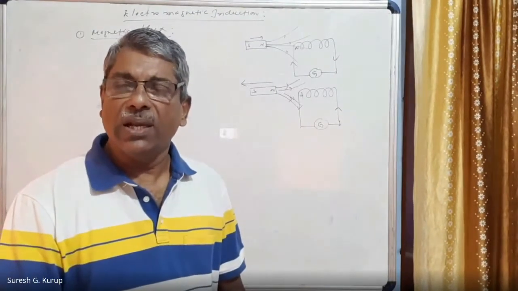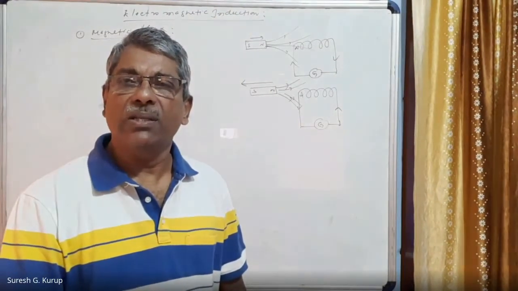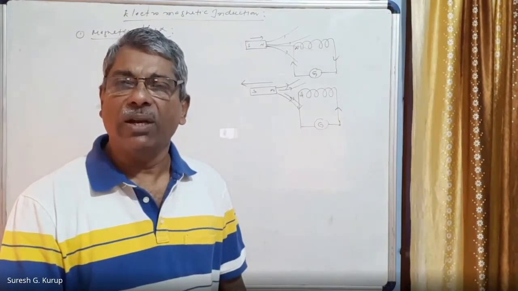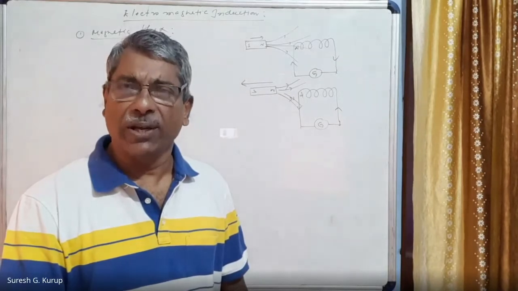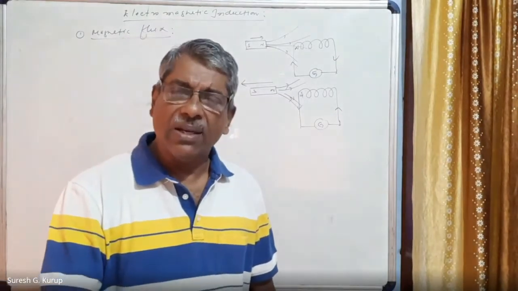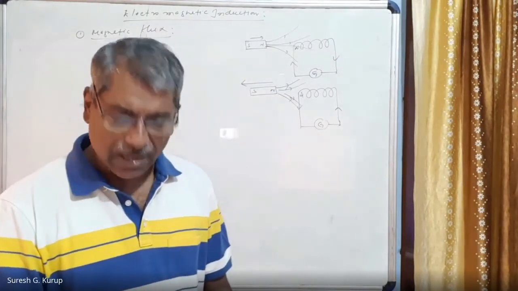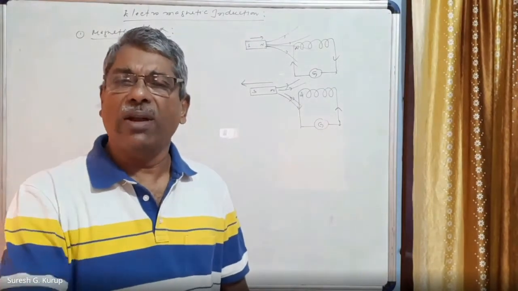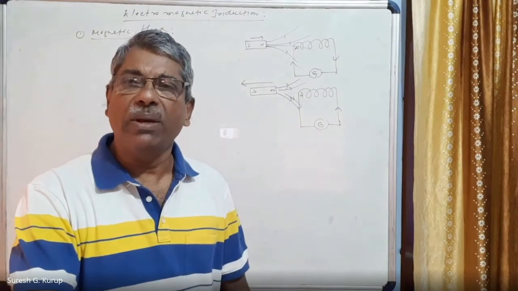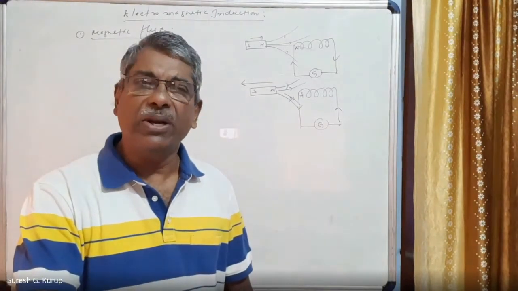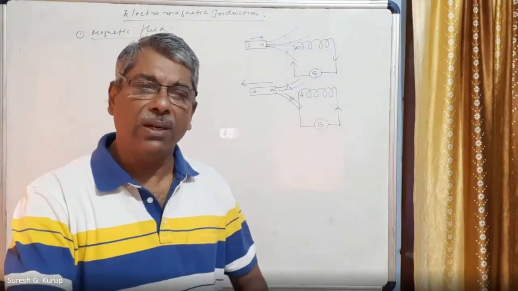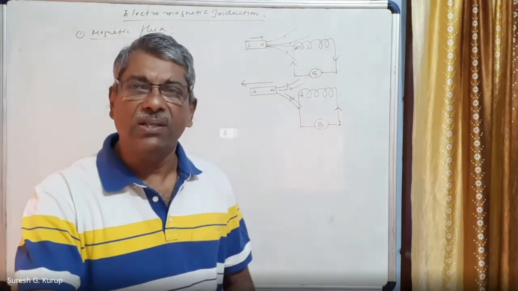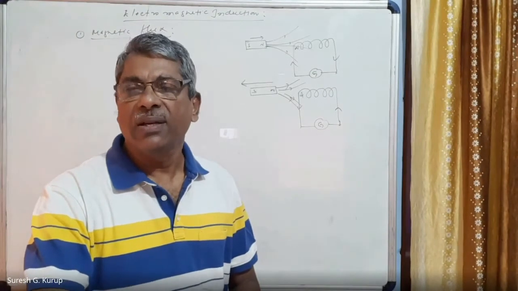Flux density in the case of magnetism is defined by the total number of field lines penetrating through unit area, right? If ds is an area, then the magnetic flux, the total number of lines of force passing through that area, is B dot ds. In the same way we discussed in electrostatics E dot ds, in this case it is B dot ds, right?